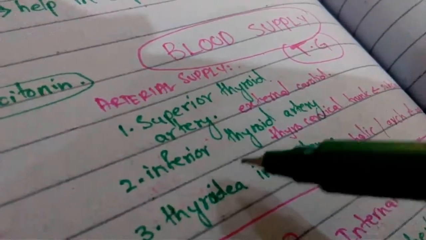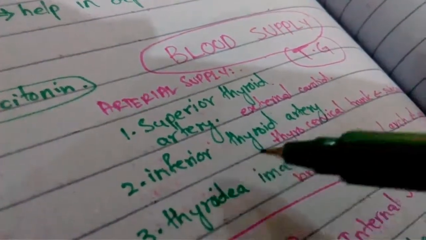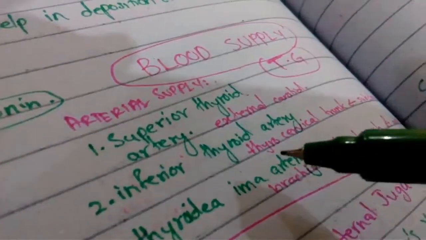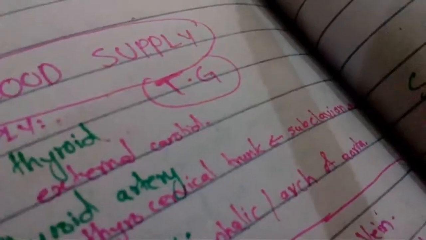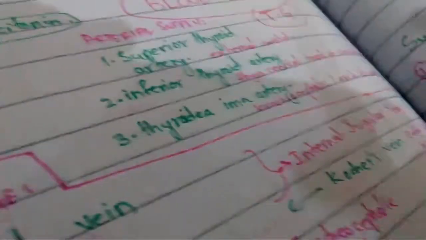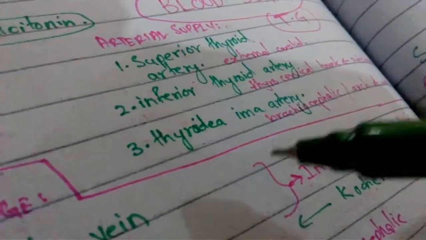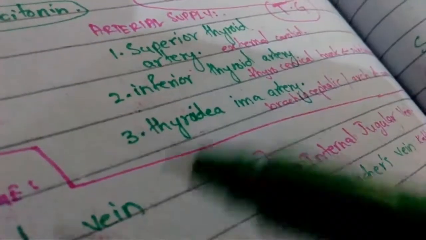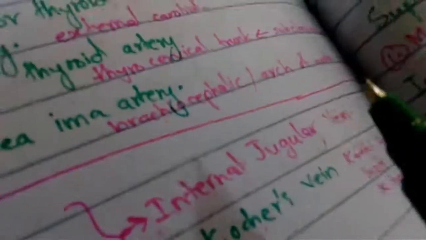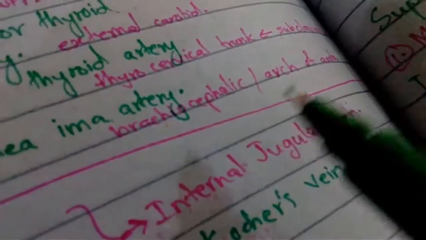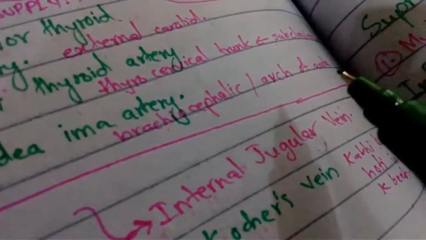And the inferior part of the thyroid gland is supplied by the inferior thyroid artery, which comes from the thyrocervical trunk of the subclavian artery, which comes again from the aorta. And then there is also a partial thyroidea ima artery, which comes from the brachiocephalic, that is the arch of aorta.